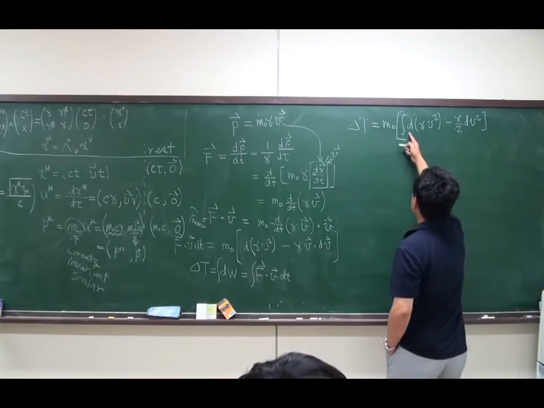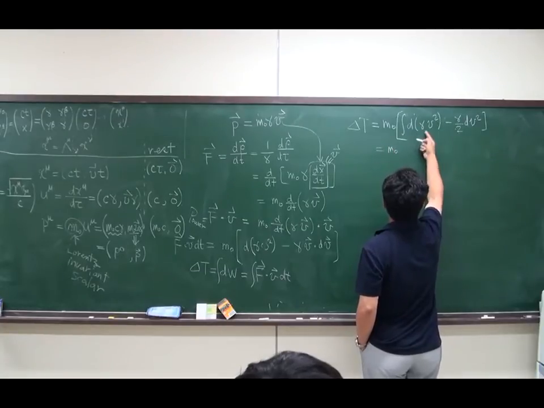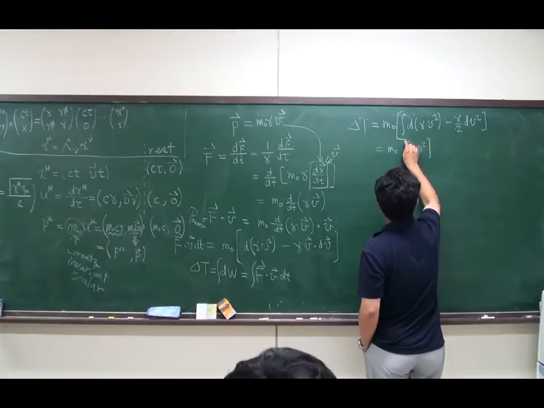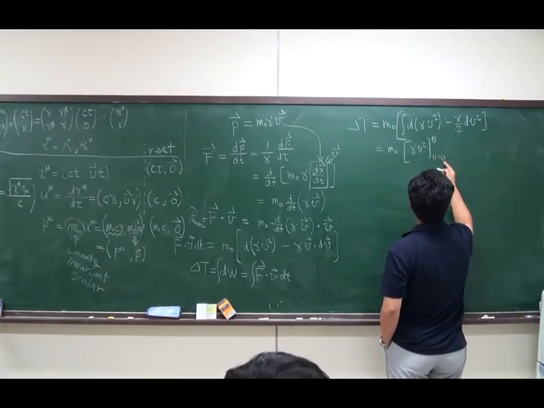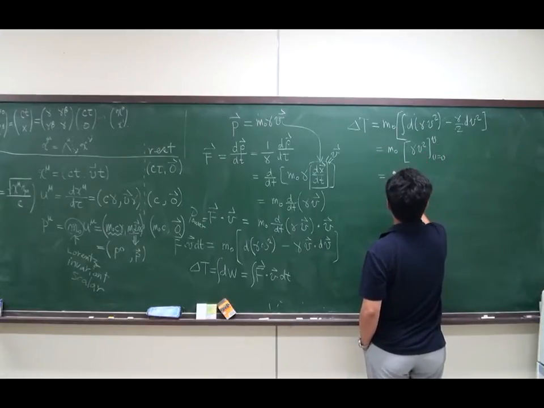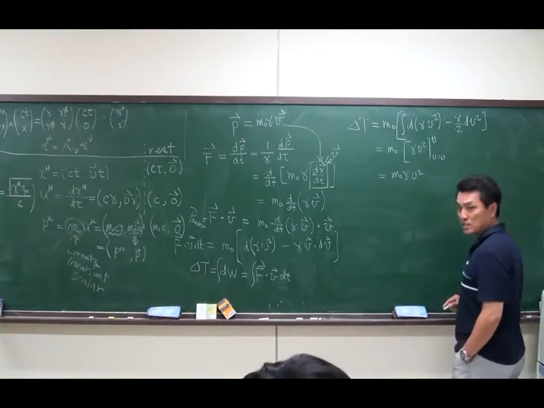So if I take the integral, this is just gamma v squared, with v from v equals 0. At v equals 0 it is 1 and this is 0. So this gives m0 gamma v squared, right?